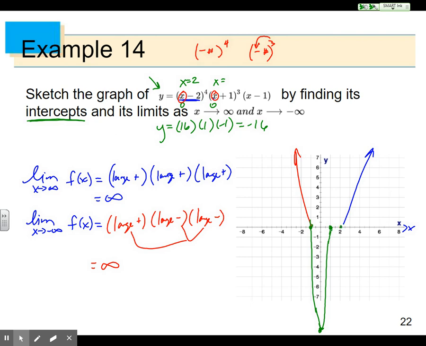From 1 to 2, is that going to be a hill or a valley? That 1 right there, I've got an odd multiplicity, so I always make it cross. So my graph is going to look something similar to this. This would be a rough sketch of it. Very rough sketch.